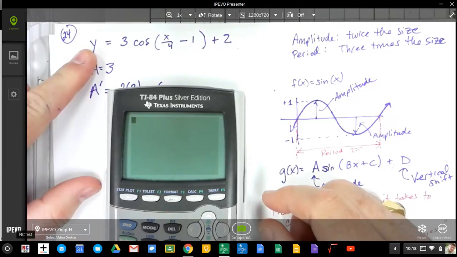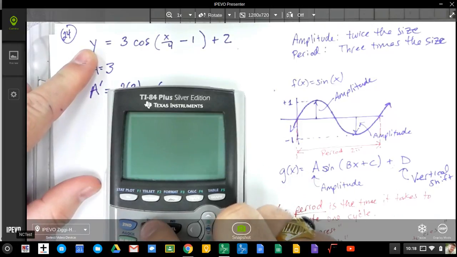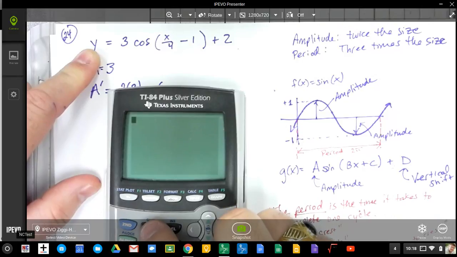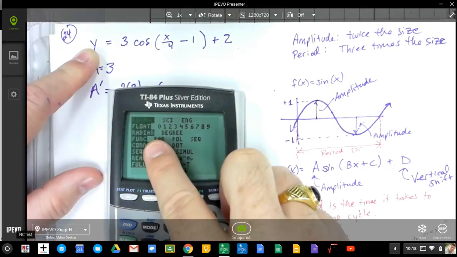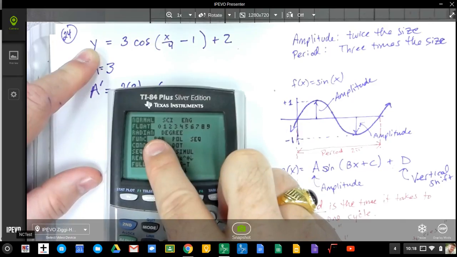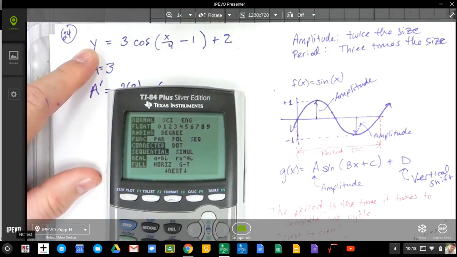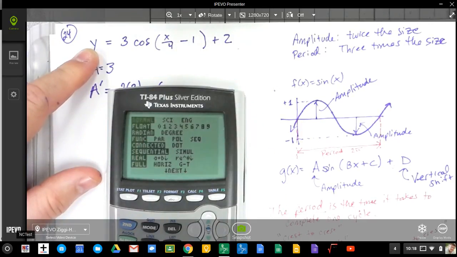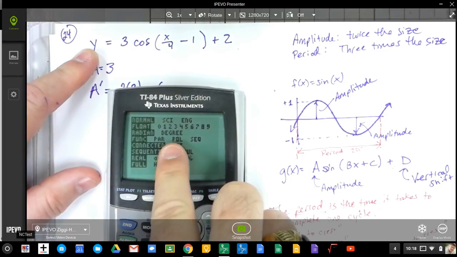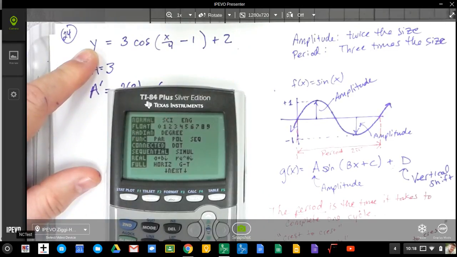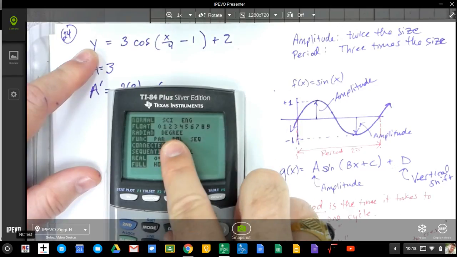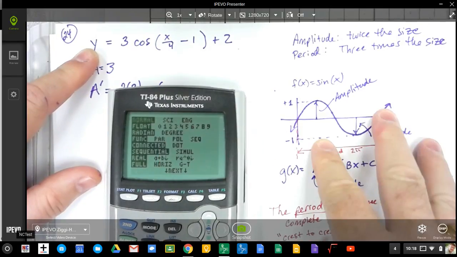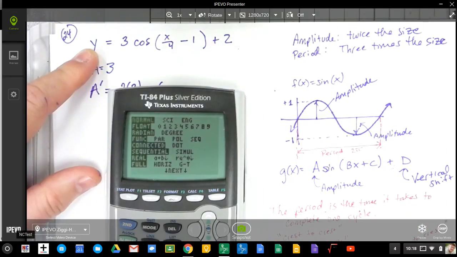If we're graphing sine or cosine and we're not explicitly told that we're in degrees, I need to make sure my calculator is in radian mode. When you get your calculators on your final and they've been reset, they typically reset to radian mode. If you do other calculations in degree mode, like sine of 30 degrees, you would have to change your mode. But for graphing, typically we're in radians.